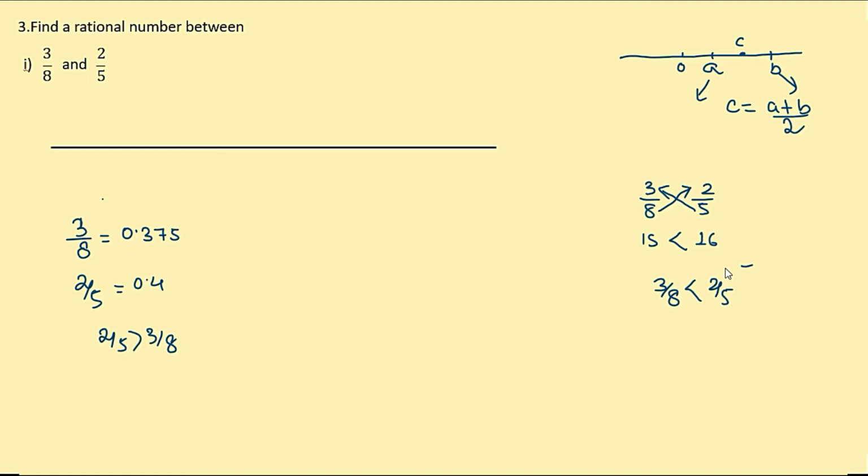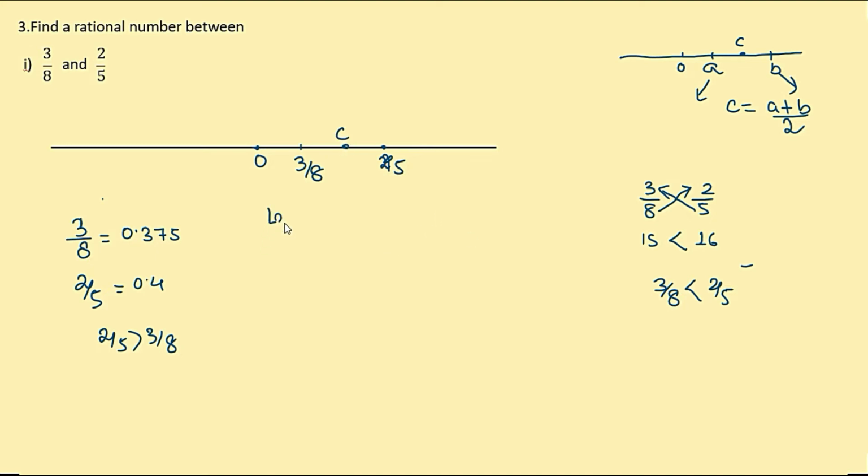So either of the two methods you can use to predict which number is greater. Since it is in the form of positive fraction, it will lie to the right hand side of 0. So here let's write 3/8 and here let's write 2/5. C is the number that you are to find out.